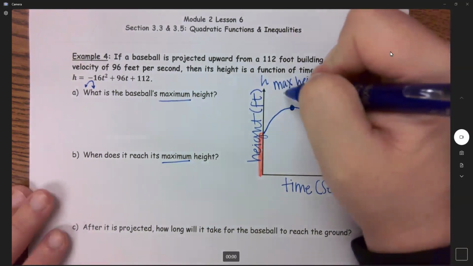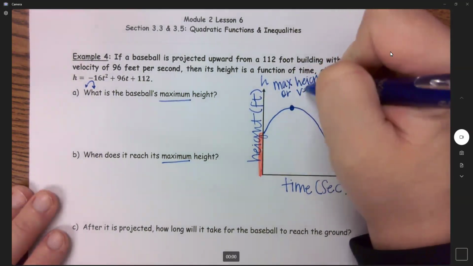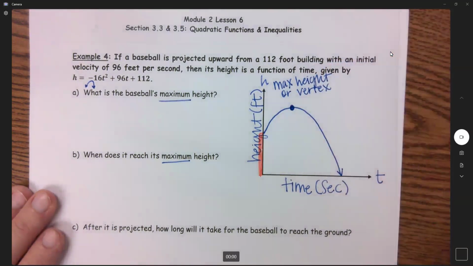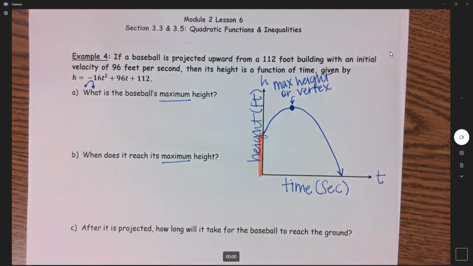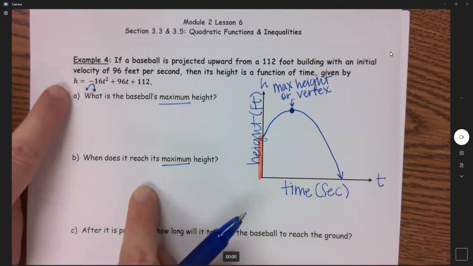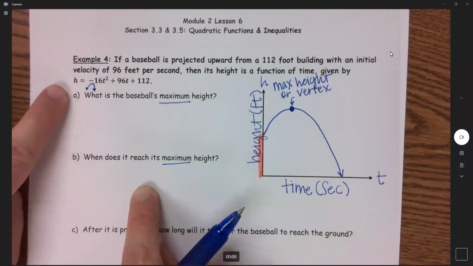That's the max height or the vertex. So they're not going to come right out and say, find the vertex, but that's what these are asking for right here.